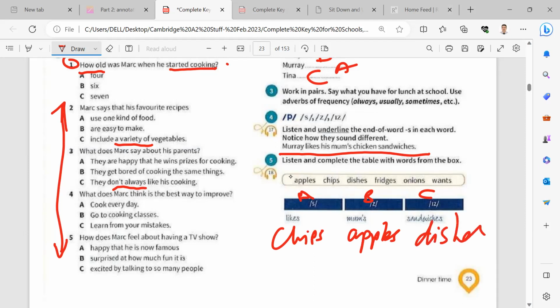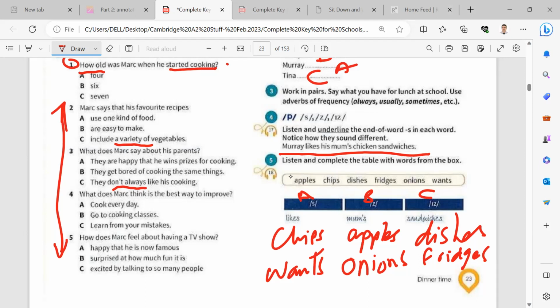Next. Fridges, put it in B. No, fridges is C. Fridges is "iz". The next one. Onions, put it in A. Onions, "s" or "z"? "Z". Yes, so B. Onions. The last one. Wants, A.